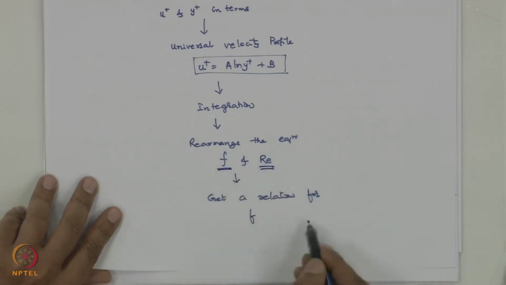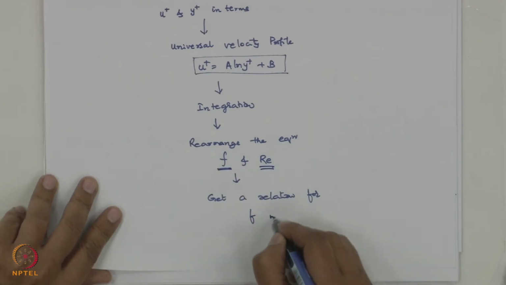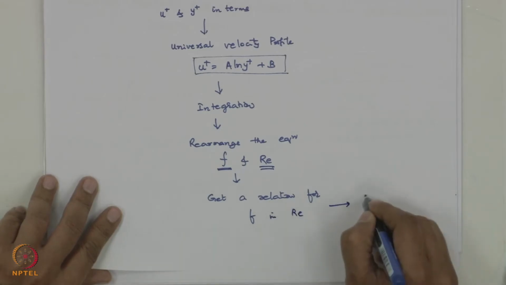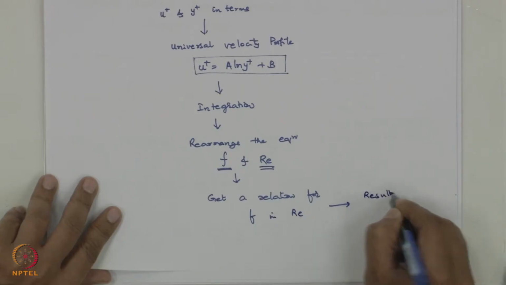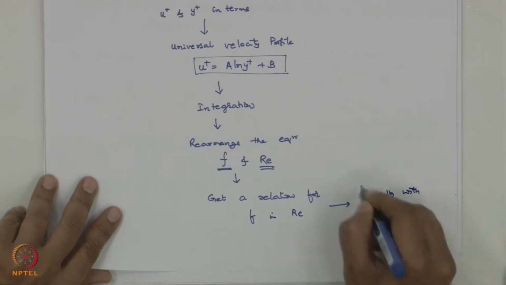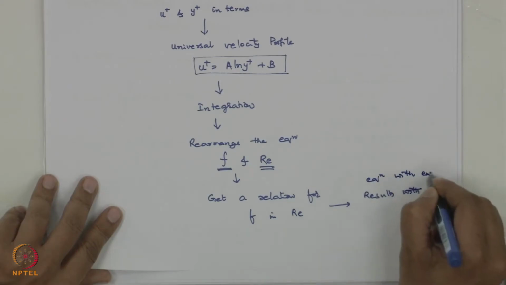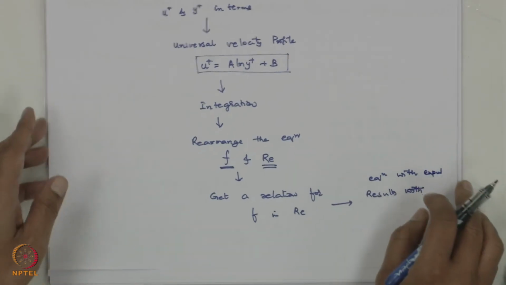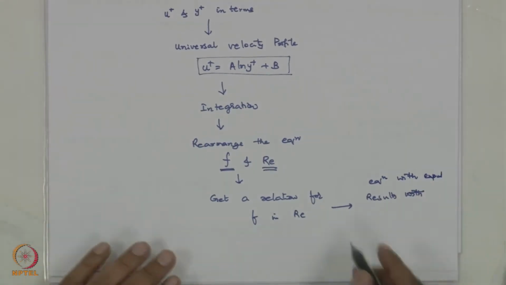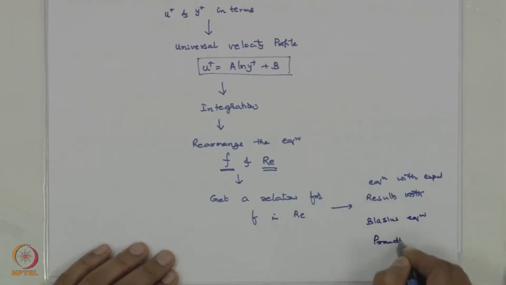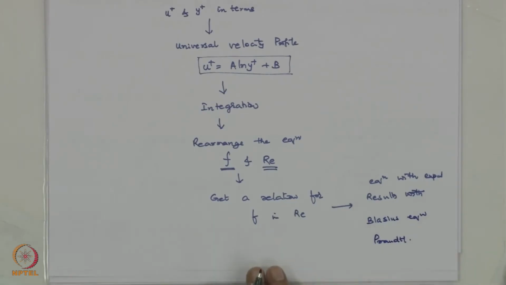We could get an implicit relation for f in terms of Re and compared the equation with experimental results, and we found that it was working very well. That was done based on Blasius experimental results by Prandtl, so it was a combined work of Prandtl and Blasius.